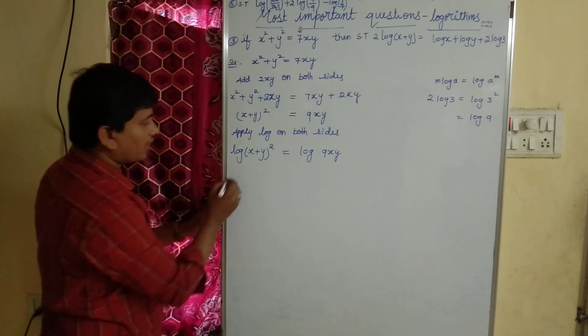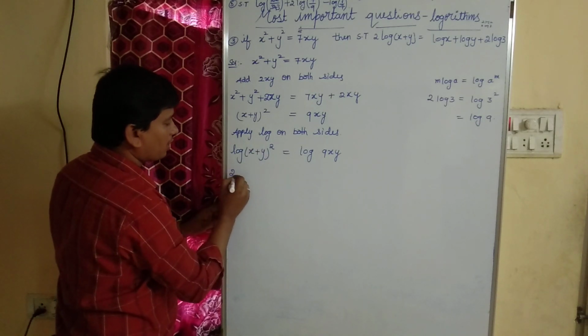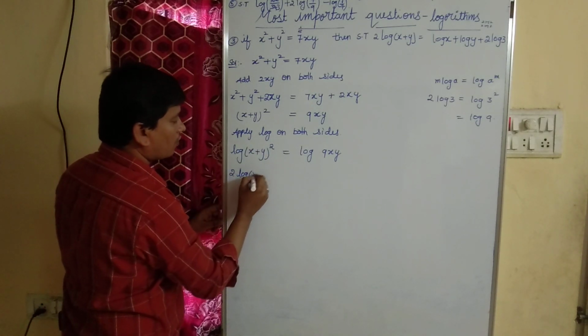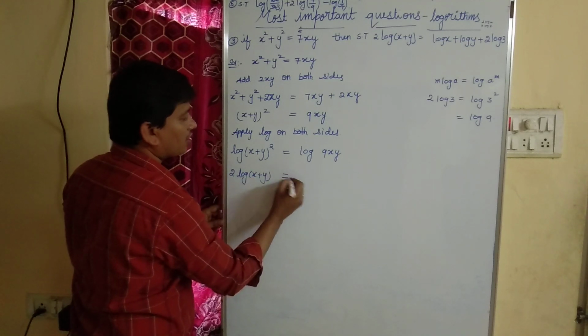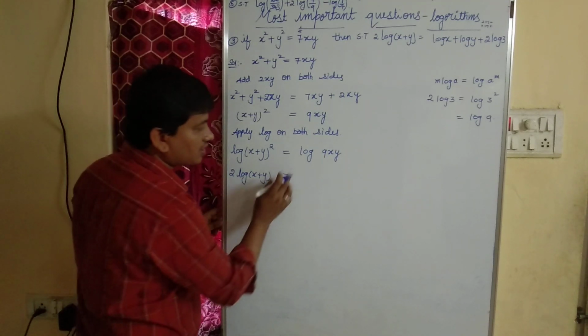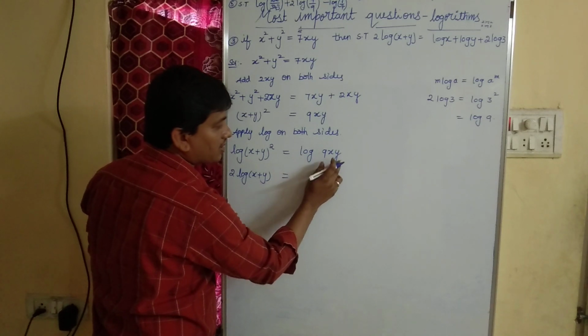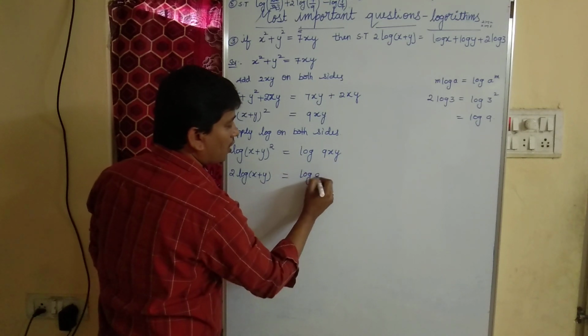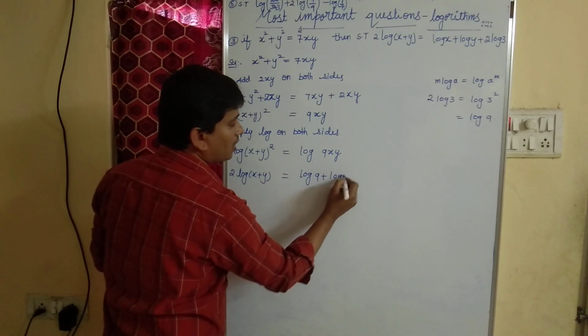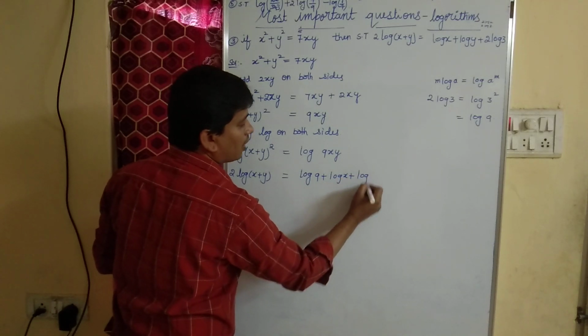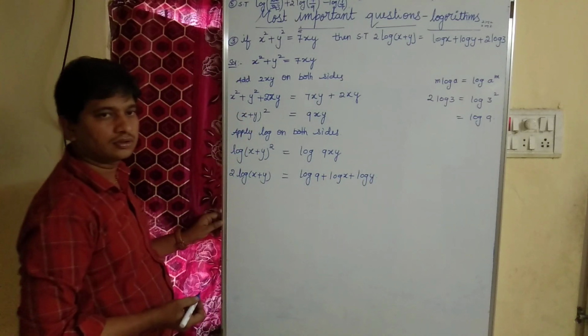Log a power m, I can write as m log a. So 2 into log of (x plus y) equal to, which is in the form of log abc, I can write as log a plus log b plus log c, right?